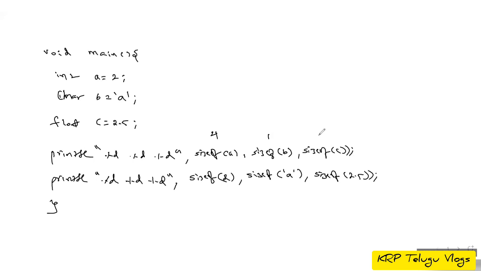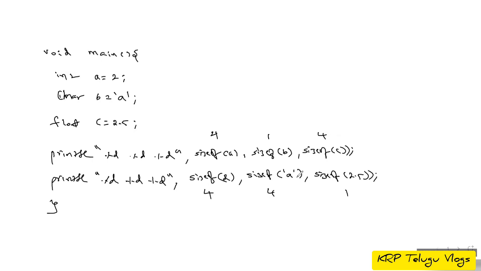4, 1, 4. Very good. Second: sizeof 2, sizeof character a, sizeof 2.5. The answer given is 4, 1, 4, 4, 1. Why is it 4? It is a character, right?